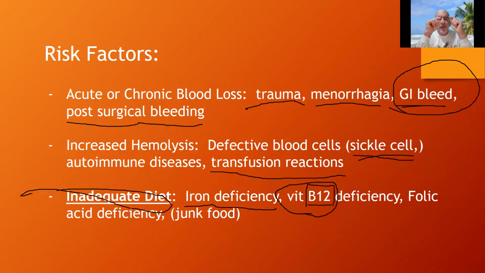Now, if you go back and look at the CBC, you remember we had those weird tests called MCV and MCH. The MCV test was mean corpuscular volume. What that was saying is how big is the red blood cell? Because the red blood cell has to be a certain size so you can have all those hemoglobins on it for the oxygen to attach to.